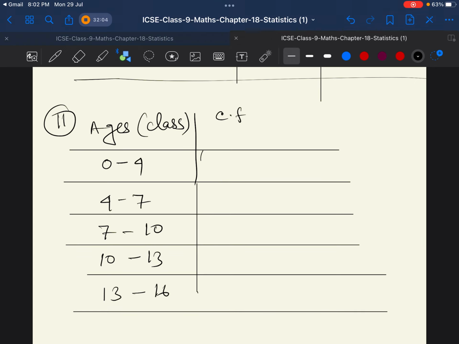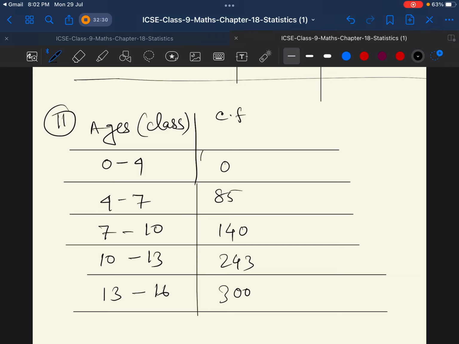Here you notice cumulative frequency 0, 85, 140, 243 and 300. First question, state the number of students in the age group 10 to 13.